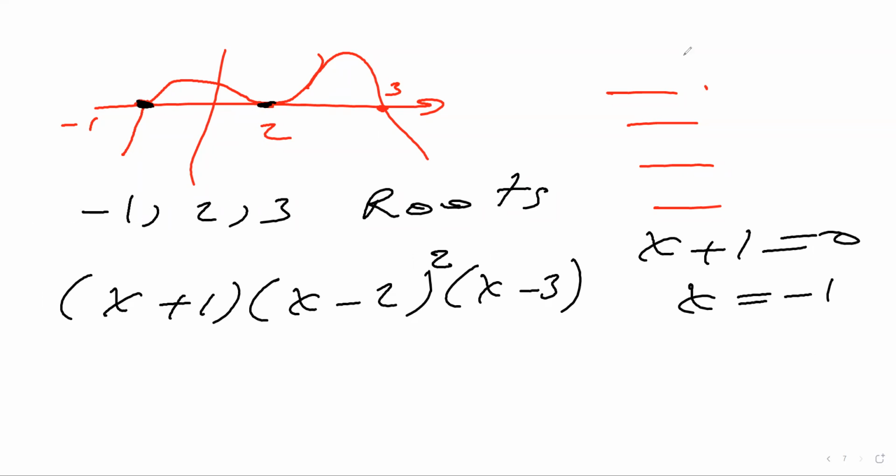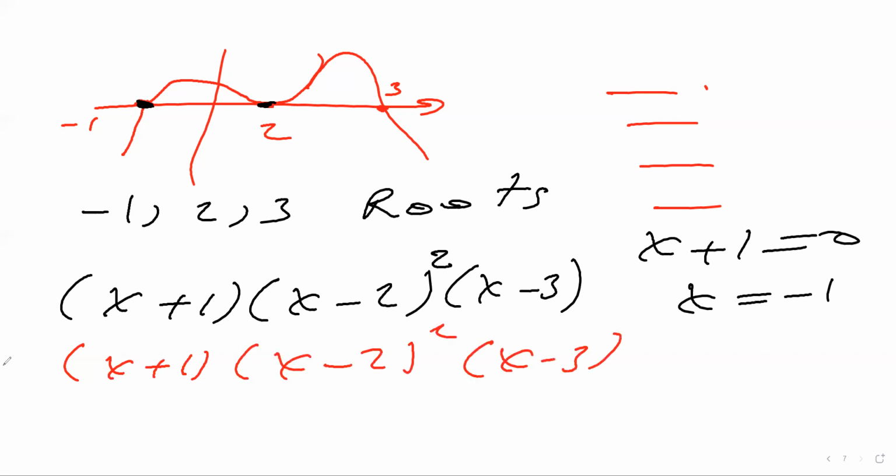But now, maybe in the choices I have this one or this one. How do I decide between them? Both have the same roots and the same factors: x plus 1, x minus 2 squared, and x minus 3. But this one is positive and this one is negative. How do I decide?